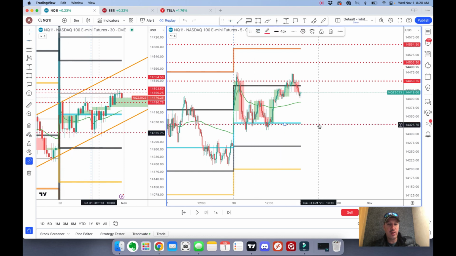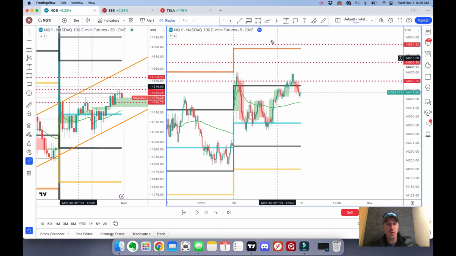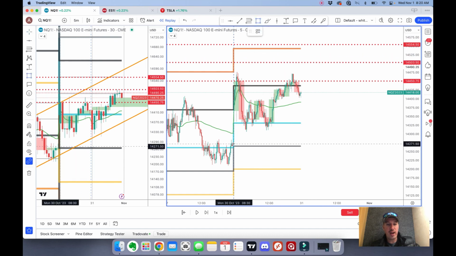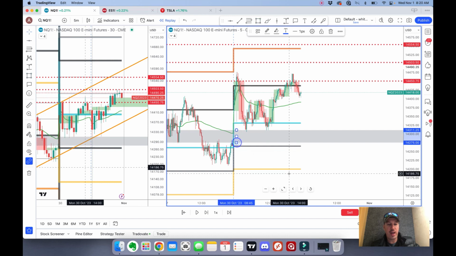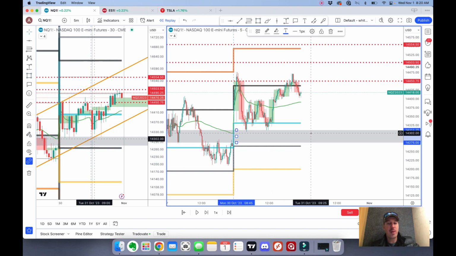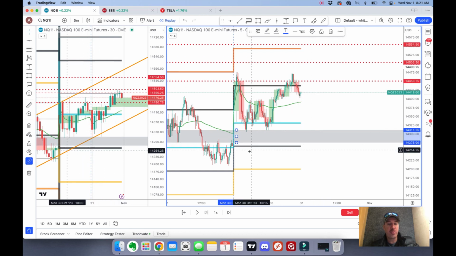I would almost draw where your zones are. You see how this was a gap right here. They filled it partially, but you still have a gap, so I would draw that zone as a gap fill. That makes it easy. There's your resistance, there's your support. If it breaks below, then you get downside.